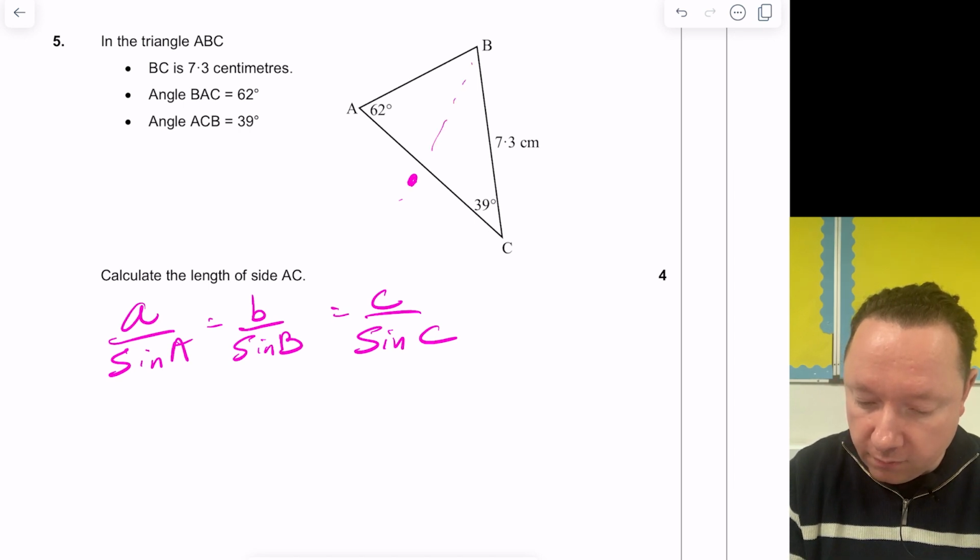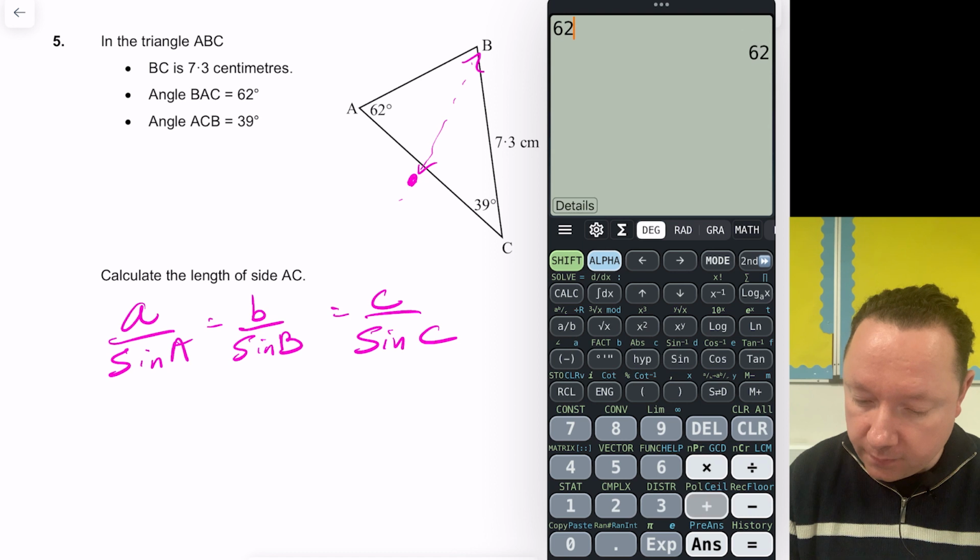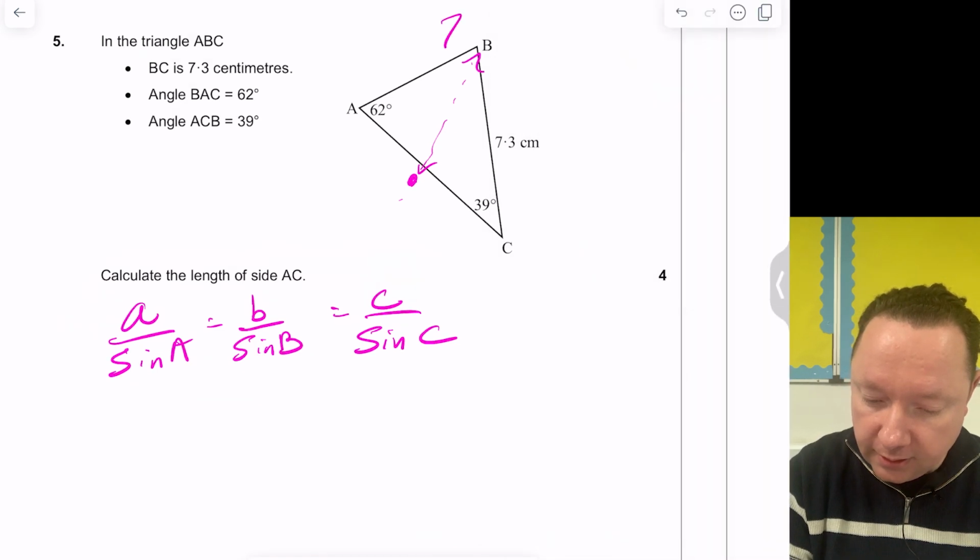We want these two together, so I need that angle. So let's do that angle first, 62 and 39 off of 180 is 79, so I need 79 degrees here.